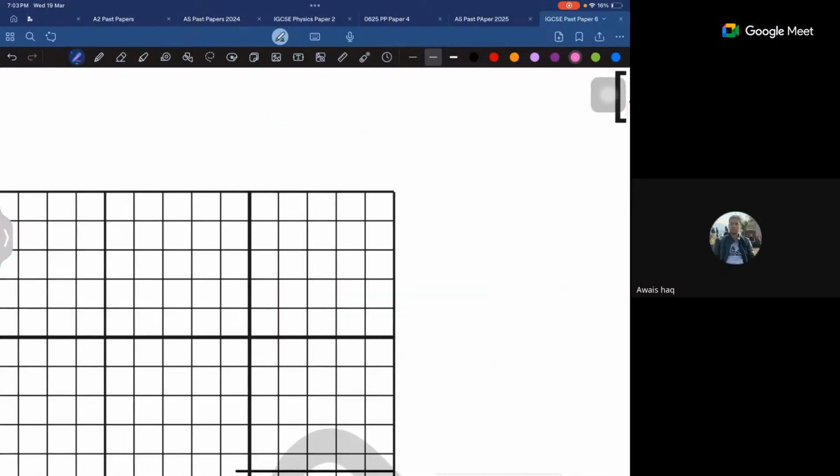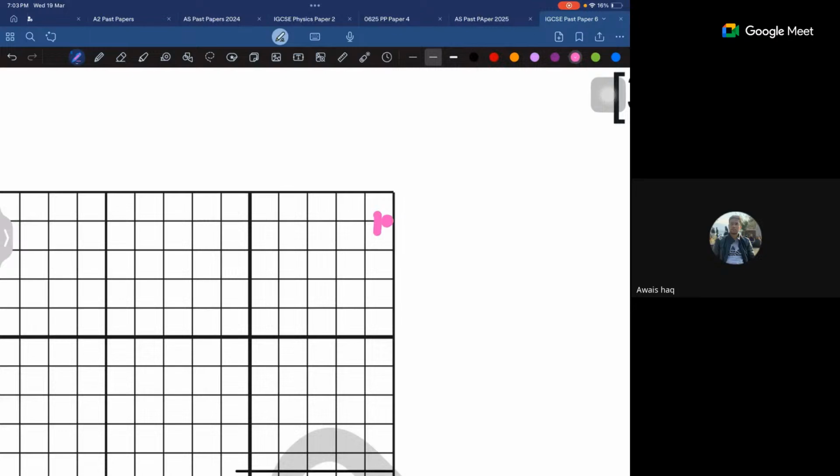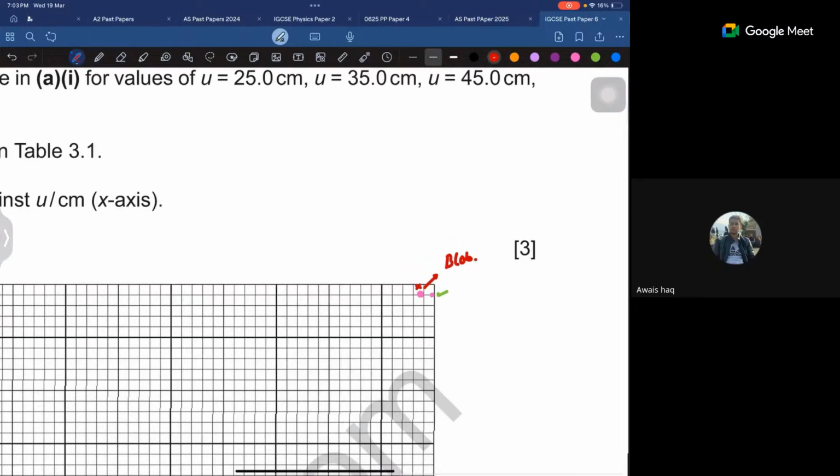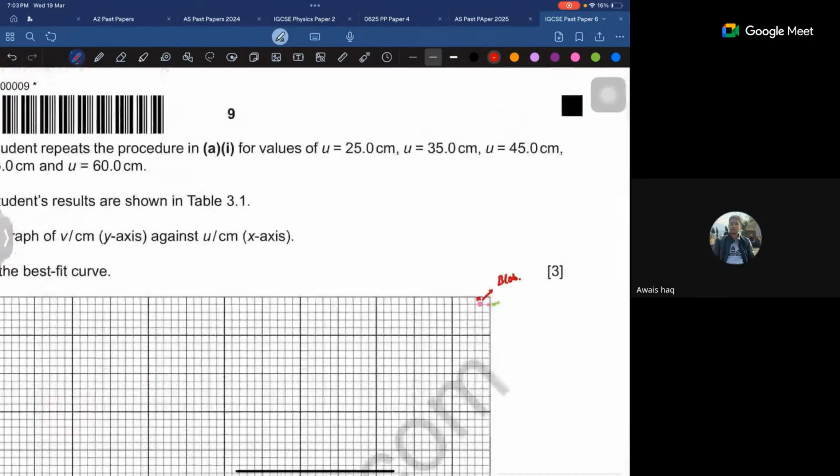A blob is when a point that you put in the graph is bigger than this size, it's considered a blob. So this is a good point. Let me put a green mark. And if you put a bigger dot or a cross like this, it is incorrect because this is considered to be a blob. So don't do that.